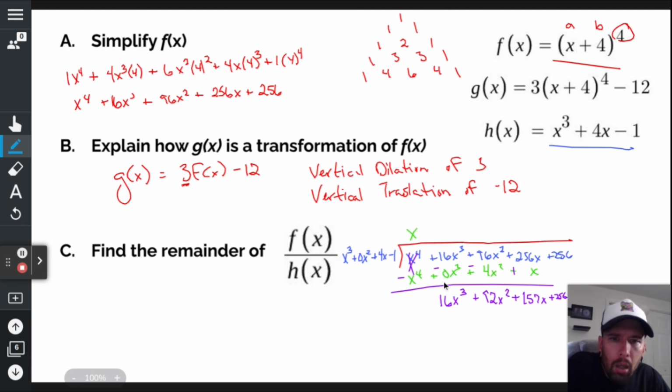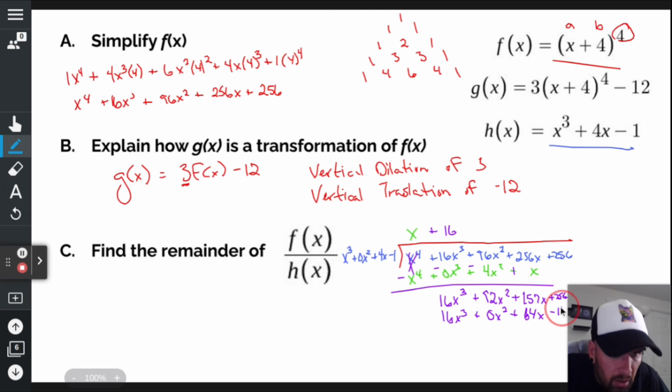Ugh. All right. Plus 16. So let's multiply 16 to that. 16x to the third plus 0x squared plus 64x minus 16.